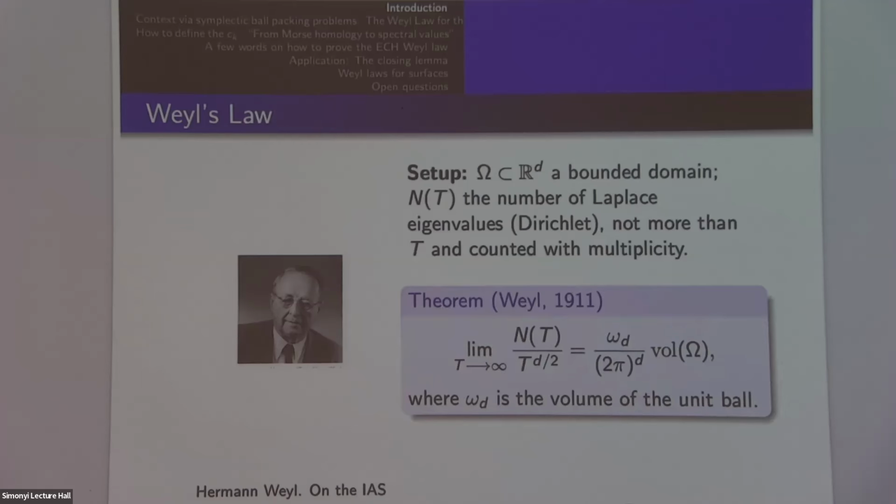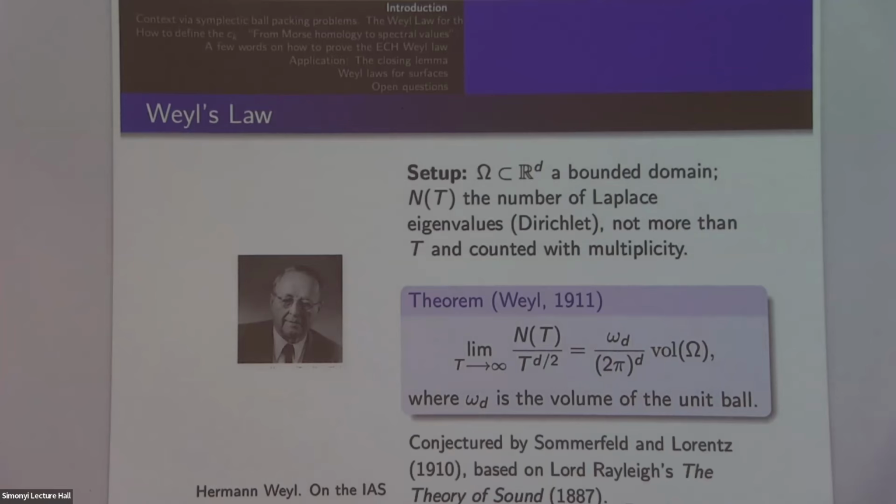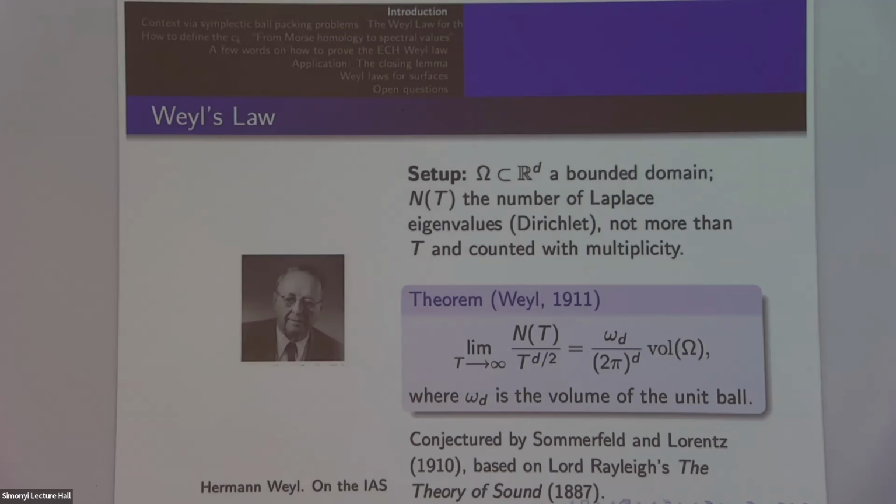And Weyl showed in 1911 that I recover the volume of the domain, up to a constant that can be computed, in the asymptotic limit. This was an extremely influential result. It was conjectured by Sommerfeld and Lorentz based on ideas in the theory of sound from 1887. So it's of course a great pleasure to be speaking about this topic here at IAS.